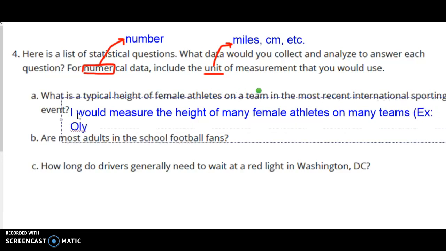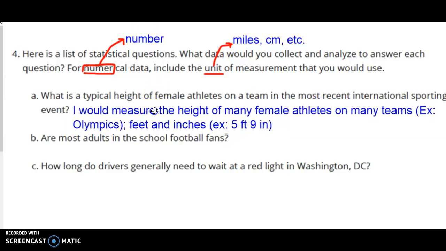Example, in the Olympics. This way I could see what is a common type of height. How could I measure people's height? I would probably want to use feet and inches. So for example, 5 feet, 9 inches.